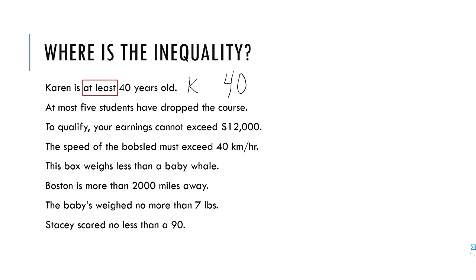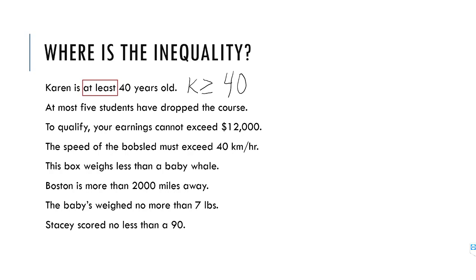If Karen was 41, if she was 42, even if she was 40, that would still be a true statement. Anything lower than that would not make the statement true. So Karen, being at least 40 years old, represented in an inequality, would be k, Karen's age, is greater than or equal to 40.